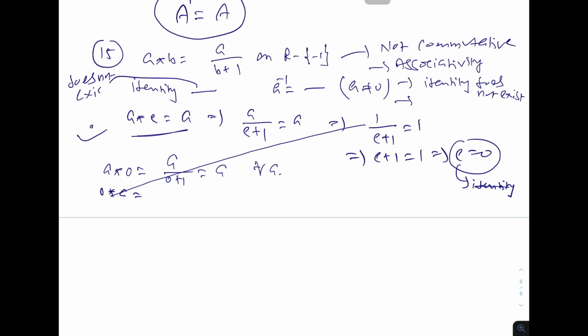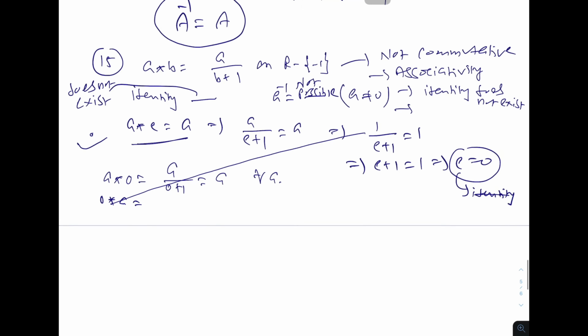Inverse also not possible, because once the identity is not there, there is no question of inverse. Okay.